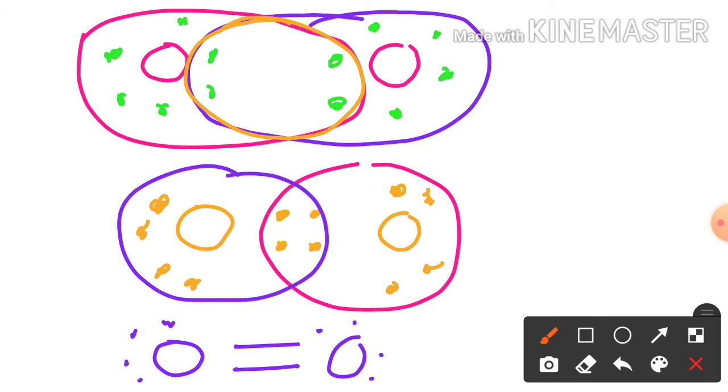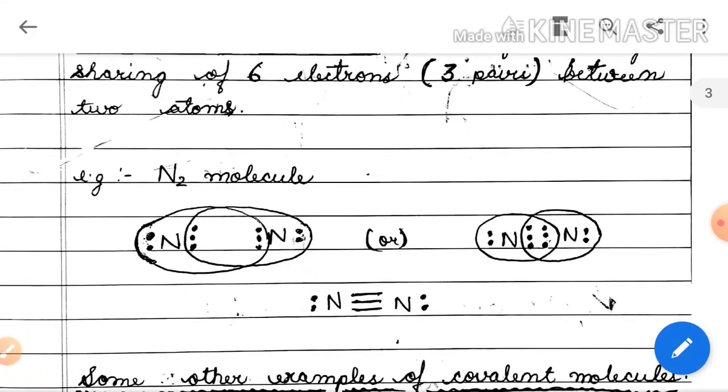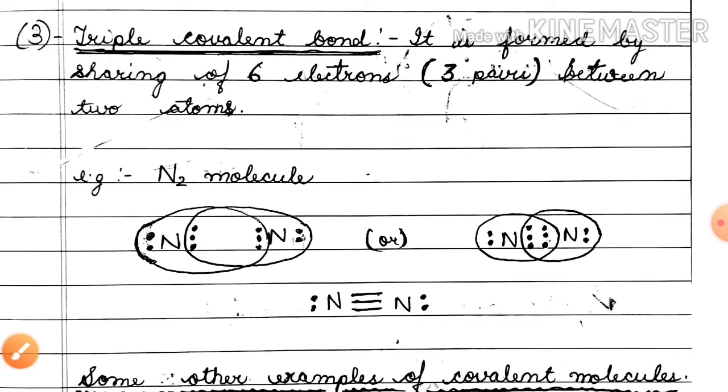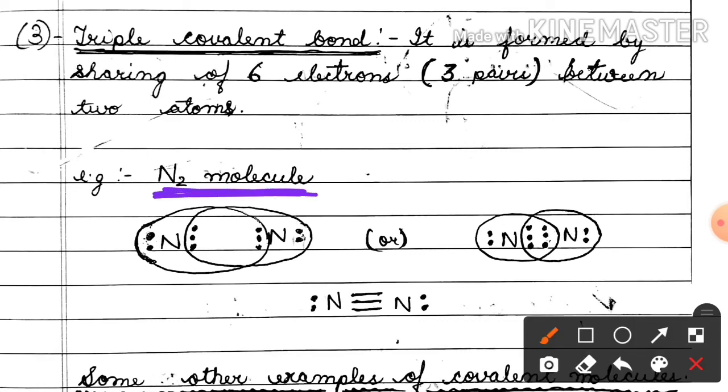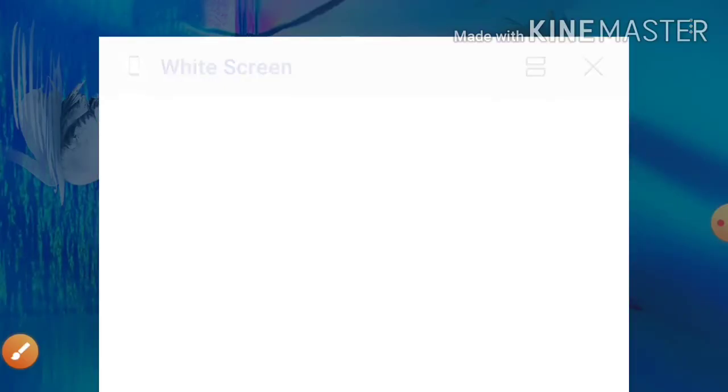Now we will study the formation of the triple covalent bond, and the best example of the triple covalent bond is the N2 molecule, nitrogen. Nitrogen has atomic number 7 and the configuration 2 and 5.